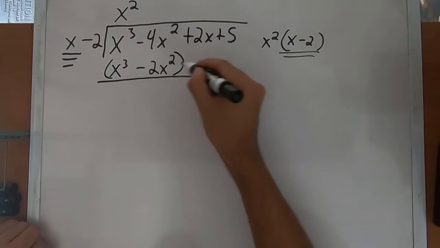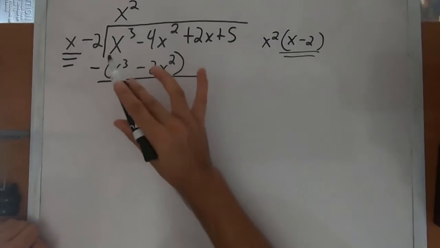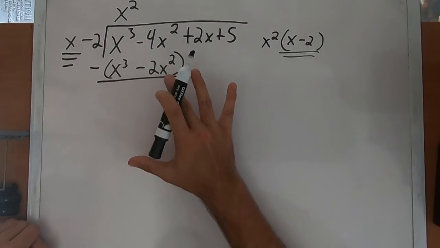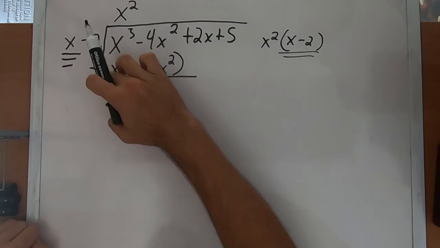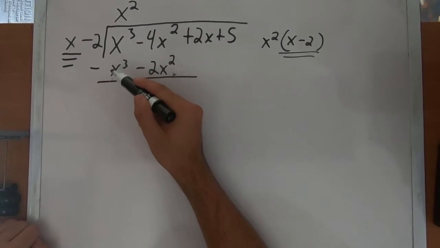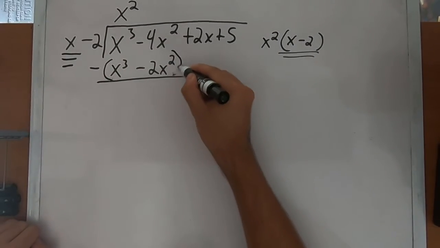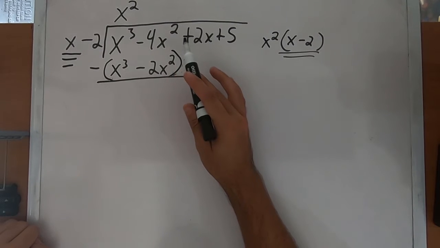And just like as if you were dividing, you want to subtract the whole thing. Now I put parentheses here so you could see that. Don't just put a negative out here, because that would mean that the negative is only for the x cubed, and that's not true. It's for the whole thing. You're subtracting the whole thing.